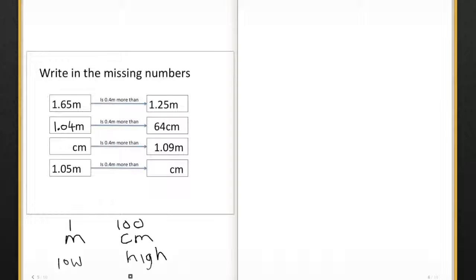To get from low to high, we multiply, and we're going to multiply by 100. So I want 1.09 times 100. We're going high to the right. So I can write my 109.